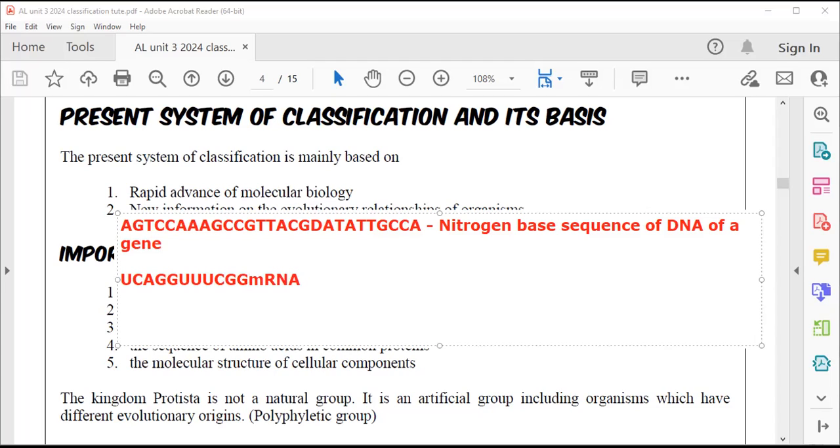Thereafter, TTA there, that is going to be AAU here. Thereafter, CGC there, GCG. Thereafter ATA there, UAU. Thereafter TTG there, AAC.